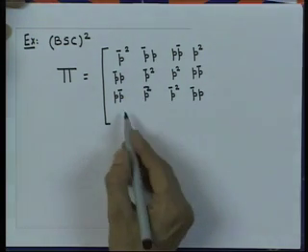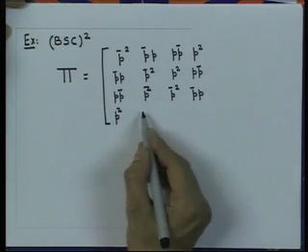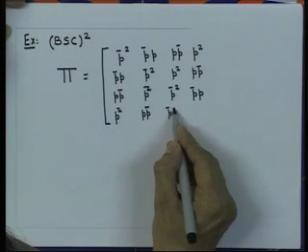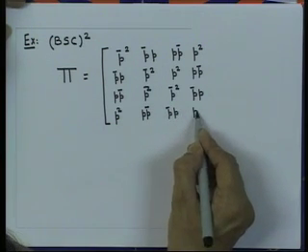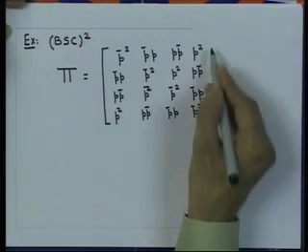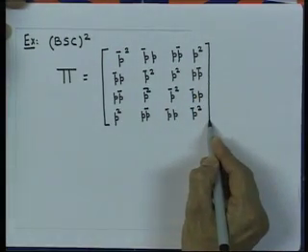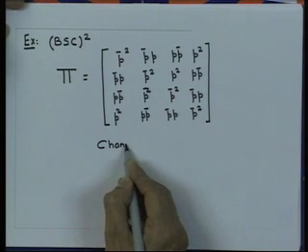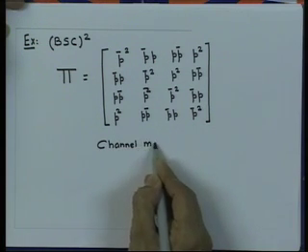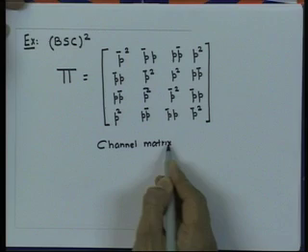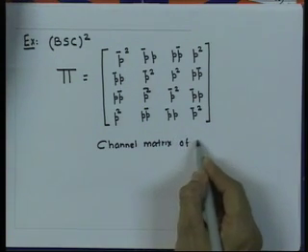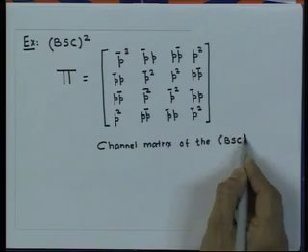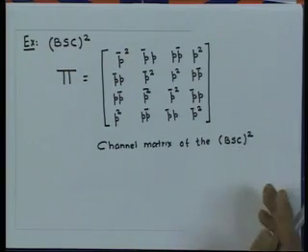This is p squared, p p bar, p bar p, p bar squared. So, this is the channel matrix of the second extension of a binary symmetric channel.